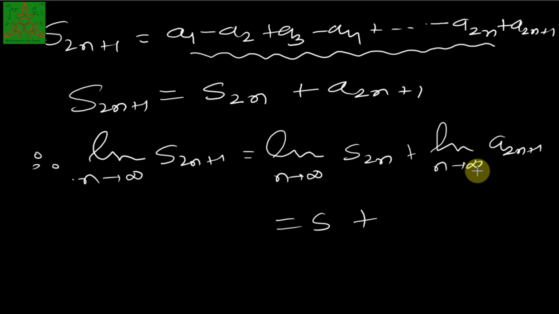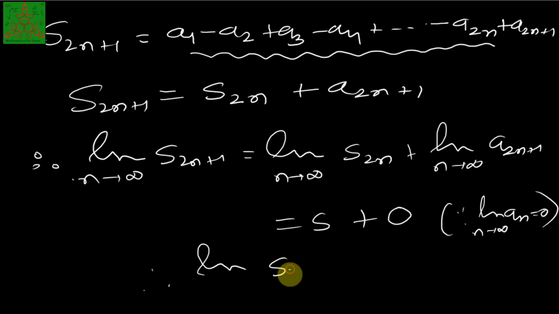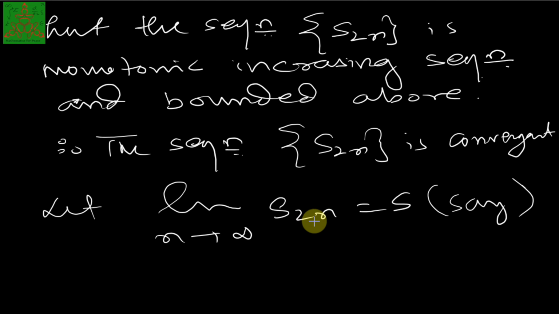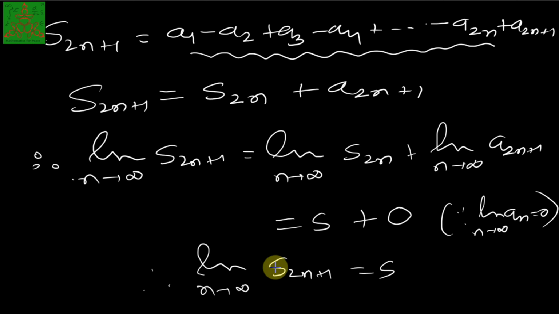So this quantity is 0. This is because the limit of an is 0 as n tends to infinity, which is given in our hypothesis. So finally the limit of S_(2n+1) is S as n tends to infinity. Previously we proved that S_(2n) tends to S, and here we have shown that S_(2n+1) tends to S as n tends to infinity.